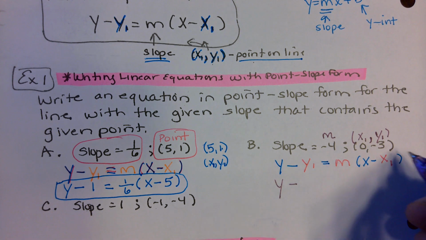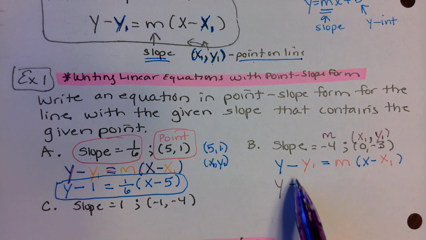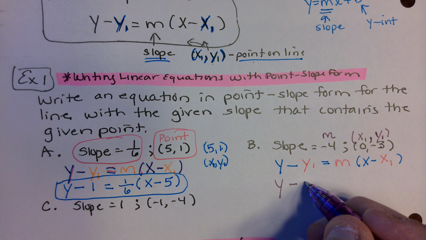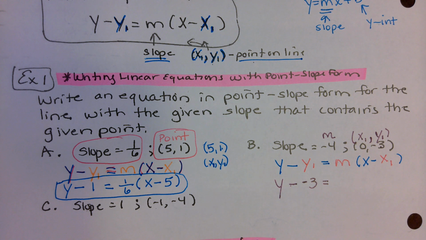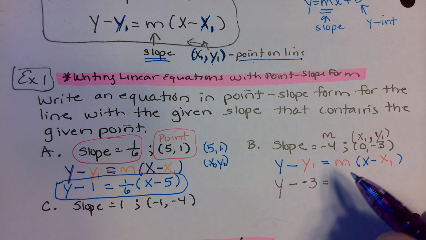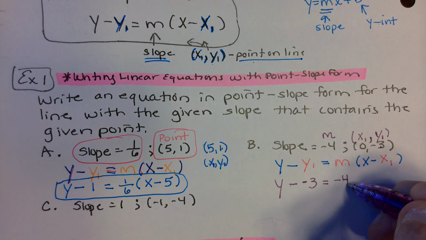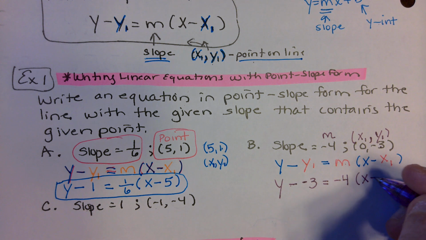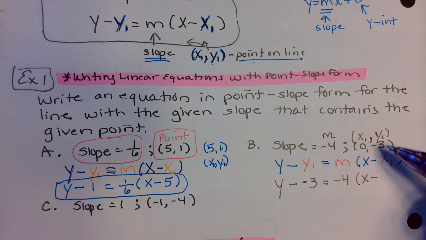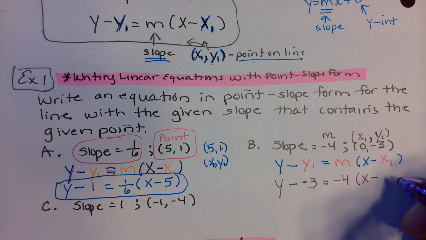y minus. y1 is a -3. So notice the y. This is negative. This is subtracting. Now I substitute in a -3. So be careful you don't lose a sign. Slope is -4 times x minus x1 is 0.